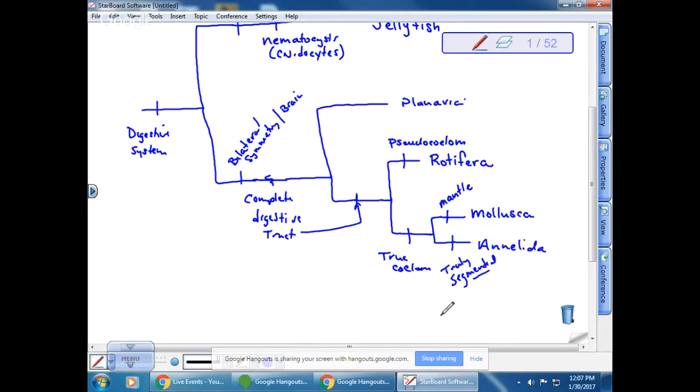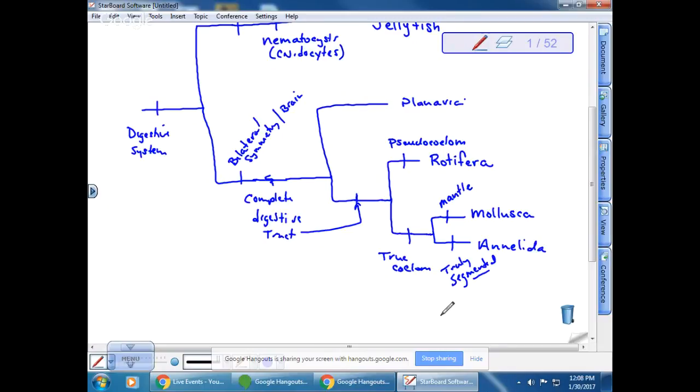So we say that we see true segmentation in the annelids. And they actually consider us truly segmented as well. If you think about our spinal cord, we have these segmented vertebrae, and each segment has a little enlargement of the nervous system called ganglia. So our vertebrae and our spinal cord are segmented, and so we are considered to be segmented animals as well. Okay.